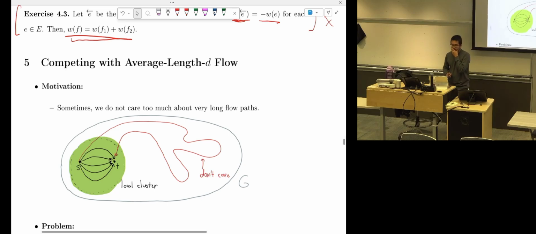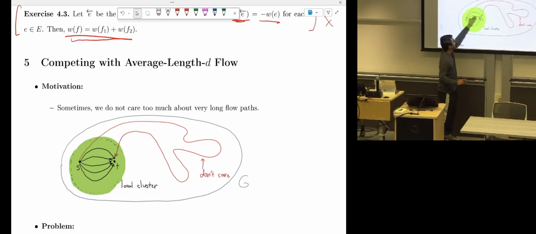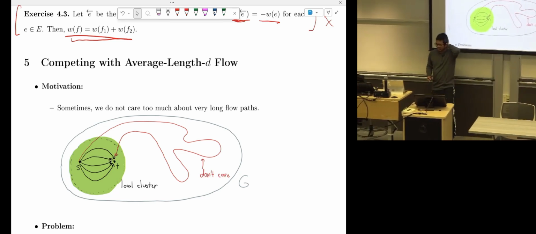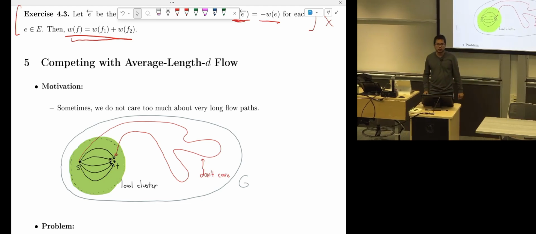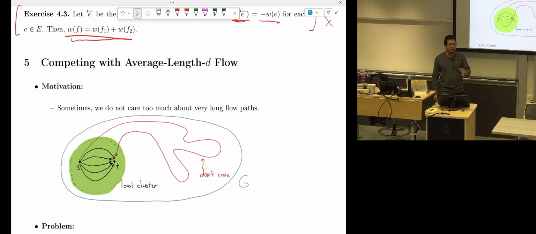Okay. So imagine this kind of graph where I want to send flow from S to T. And I want to send it fast. I don't want to spend mn time. I want to spend maybe linear time.